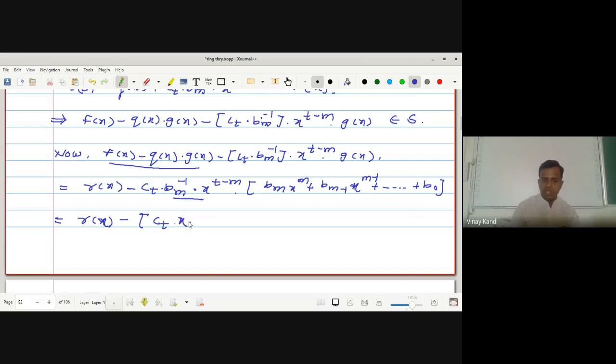So here we get only x raised to t, plus जे काही पुढचे टर्म्स येतील त्याची डिग्री कशी असतील? टी पेक्षा काय असतील? कमी असतील. So here we write terms of lower degree than t. Any doubt?